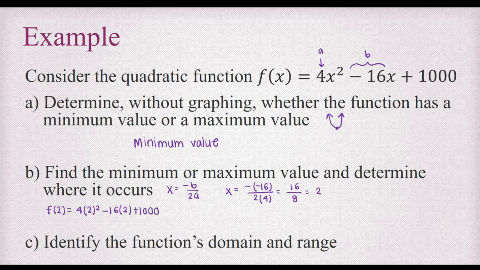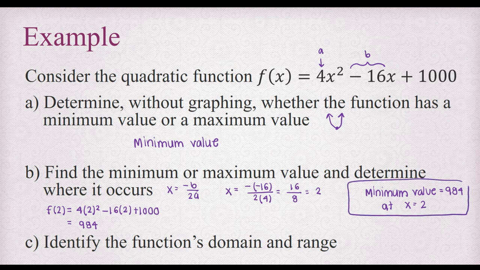When I plug that into my calculator, it turns out to give us 984. So essentially, our minimum value is going to be that 984, and it's occurring when x is 2.